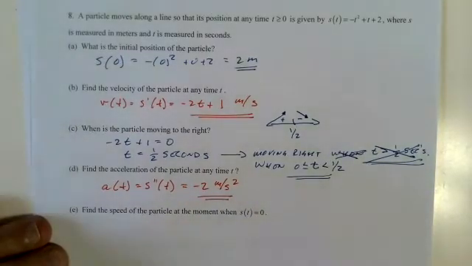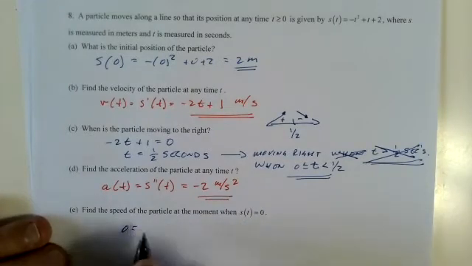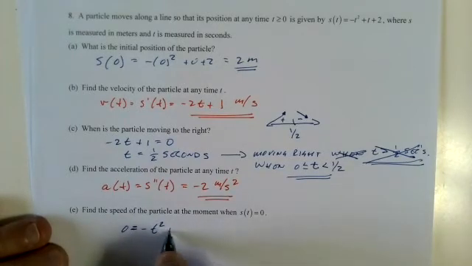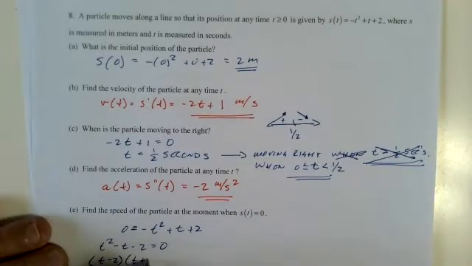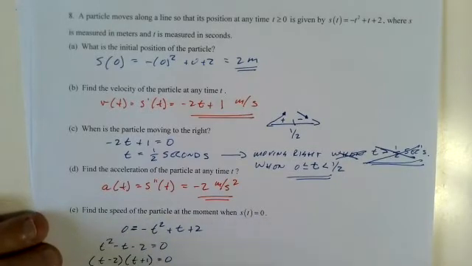Find the speed of the particle at the moment when s of t equals 0. When 0 equals negative t squared plus t plus 2, we get t squared minus t minus 2 equals 0. T minus 2, t plus 1 equals 0. T equals negative 1, 2. So then I have to throw out negative 1 because we're only working in the greater than 0 world.